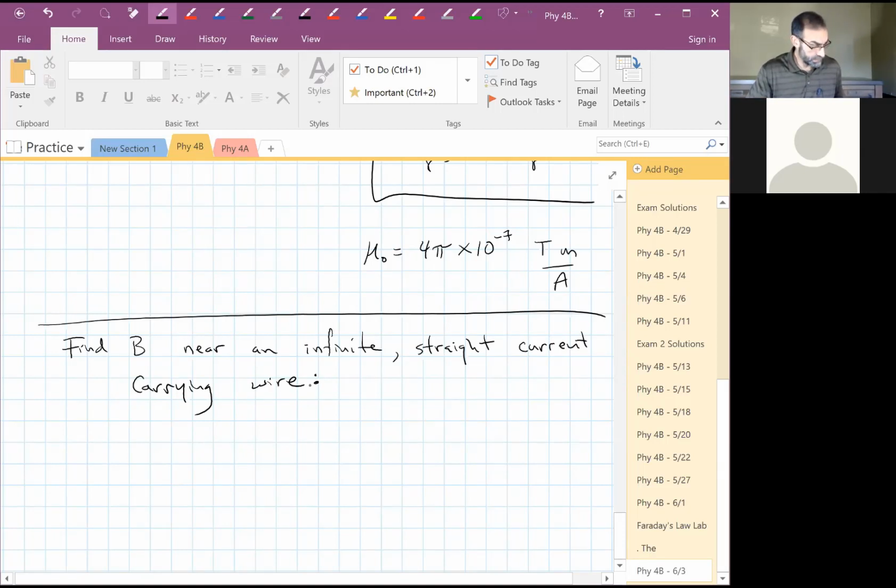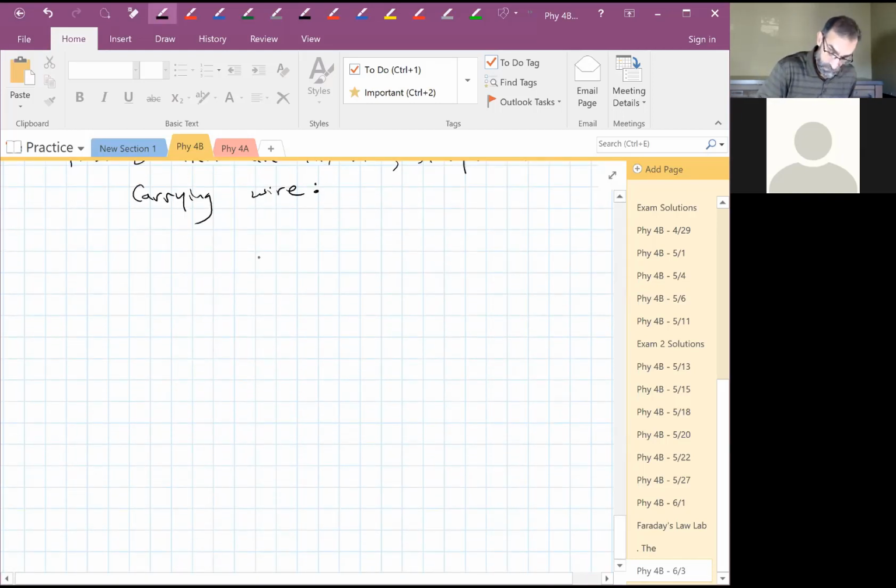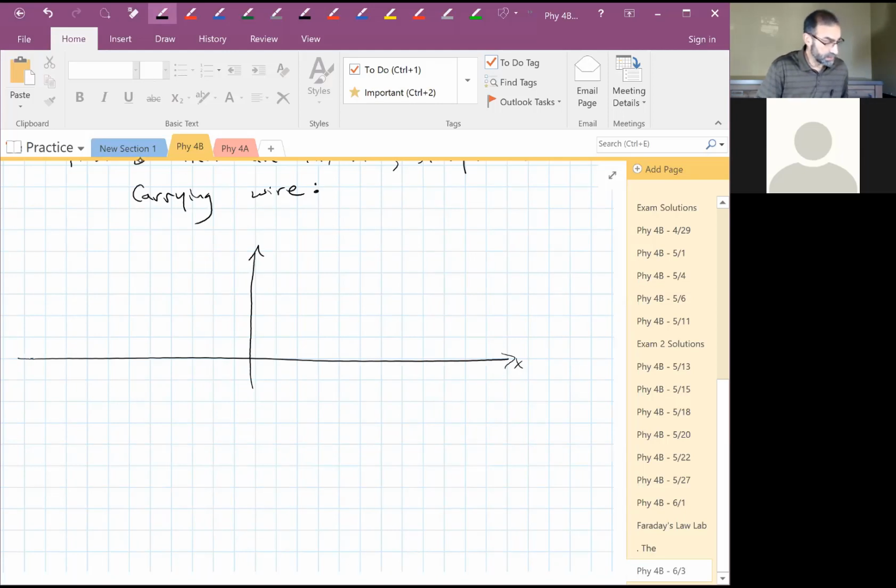Find the magnetic field near an infinite straight current carrying wire. All right, so here's our wire. Our wire is going to be along the x-axis here.